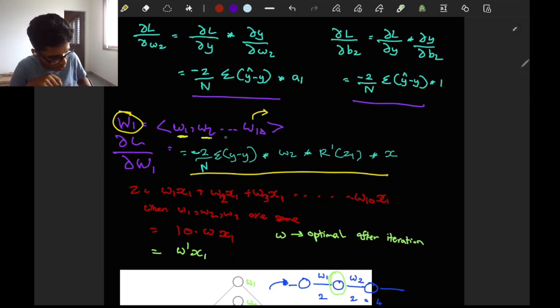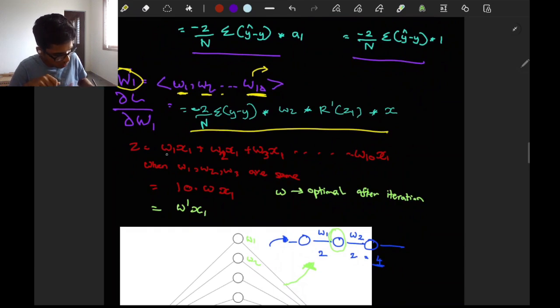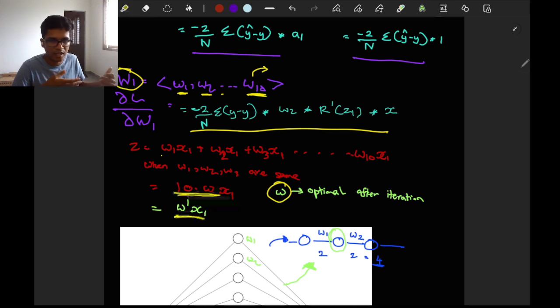So W1, W2, until W10 will all have this exact same gradient update through the entire iteration for the NumPy model. Because of that, if we initialize all 10 neurons' weights with the same value, even after getting some ideal W after multiple iterations, we just end up with the equivalent of 10·W·x1, which could have been written as W′·x1 with a single neuron.